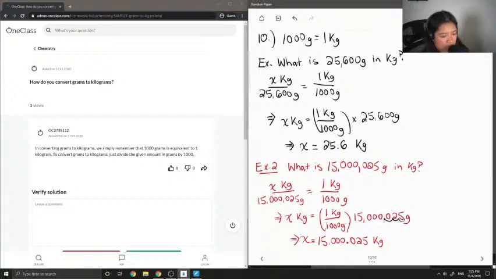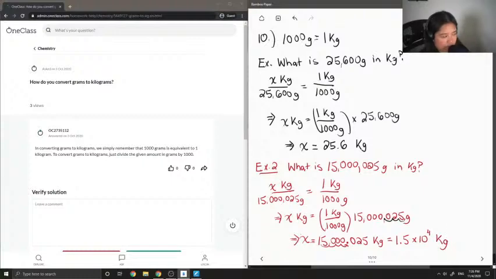So we can also write this in scientific notation. Let's say 1.5 times 10 to the power of, counting the decimal, 1, 2, 3, 4, times 10 to the power of 4 kilograms.